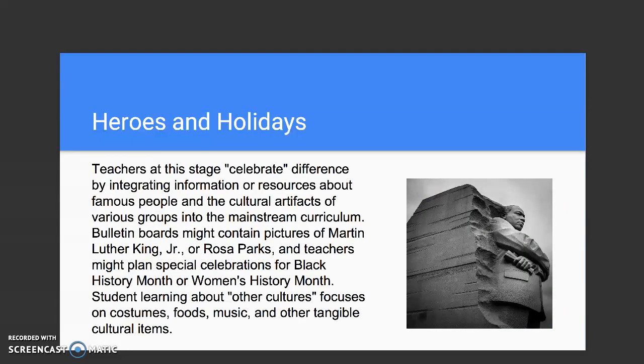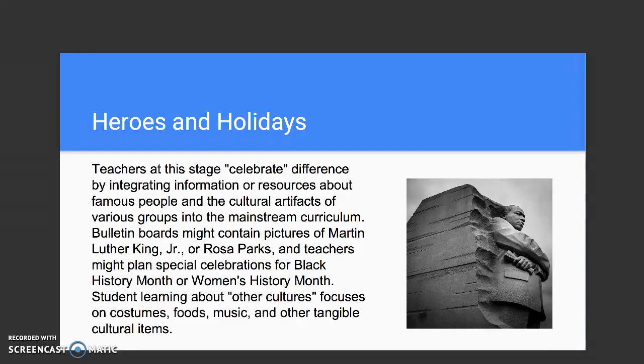The next stage in evolution, and this is pretty much where most schools, including Mount Union, where we are in our development, is Heroes and Holidays. It's also known as the ethnic additive approach. And this is kind of like where we have our traditional curriculum of the mainstream and we kind of just add on pieces.